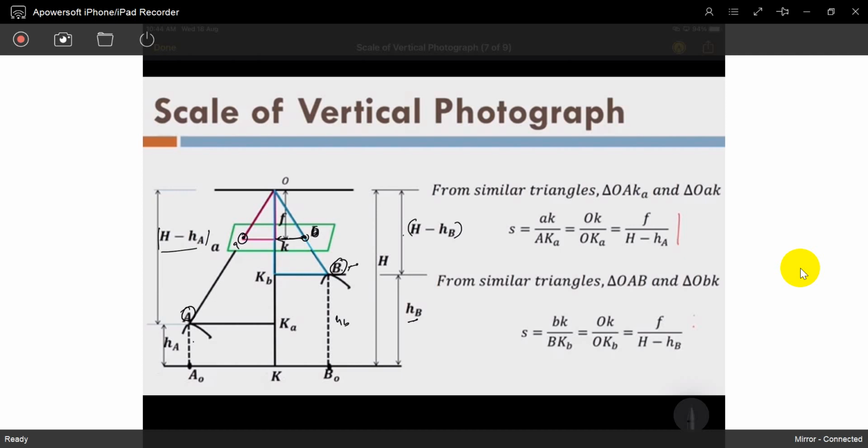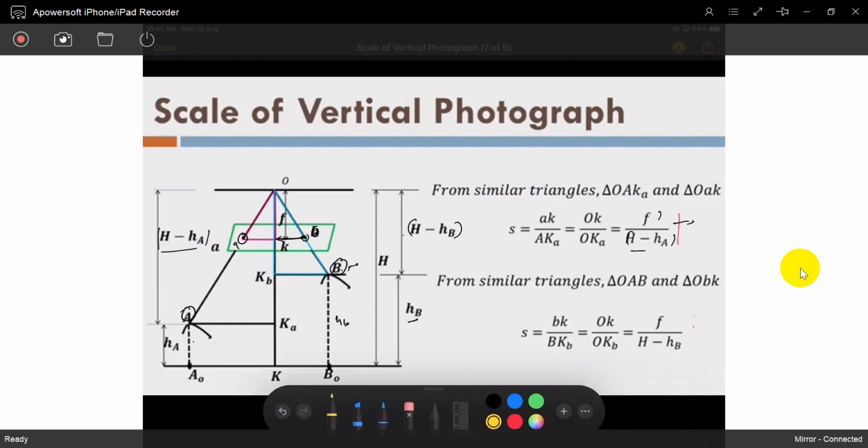So how is the scale different? Scale is varying. Every point's scale is different. Understood? This A point has F by H minus HA. If you take this height, this distance and this distance, you can't calculate it. This distance small b is KB, capital B into F by H minus HB.